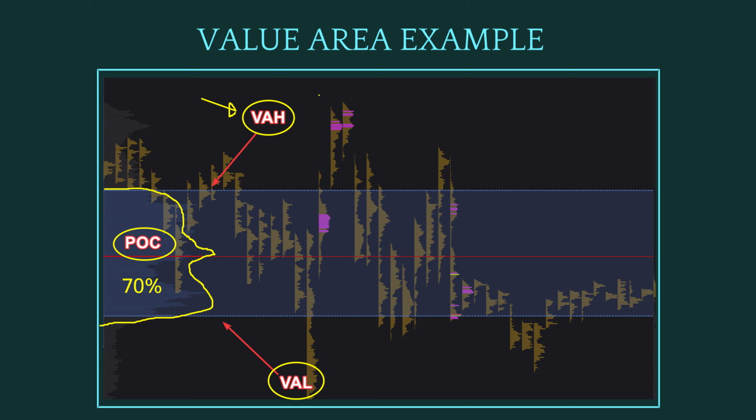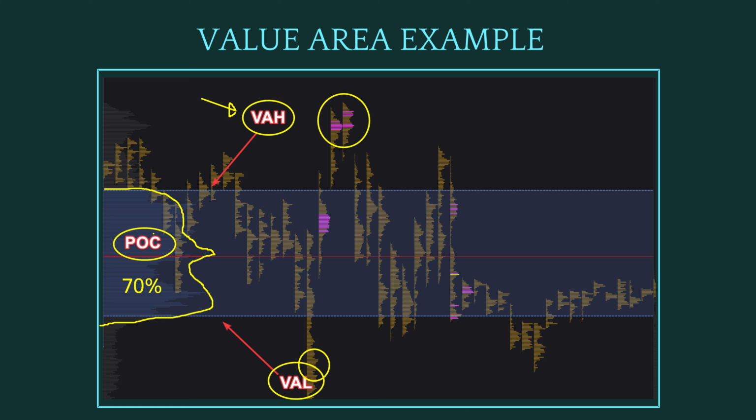Like it happened here. This is a responsive activity. Okay? The value area low is the bottom of the range, this line. And if the buyer activates here, we call it an initiative activity. Exactly like it happened here, initiative activity.